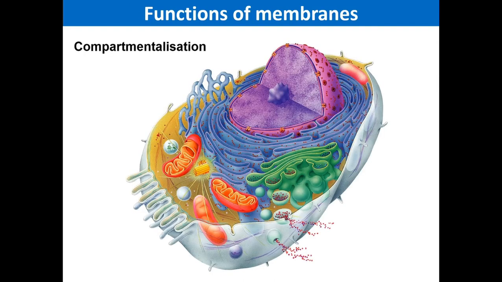So, one of the main features of living organisms, from prokaryotes to eukaryotes, is the compartmentalization. The level of compartmentalization is lower in prokaryotes, and it becomes more and more developed along the evolutionary tree up until plant and animal cells and fungi, which show a high level of compartmentalization.